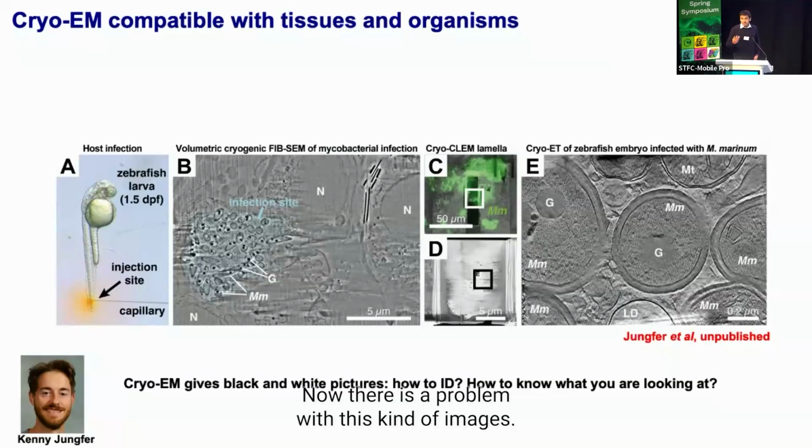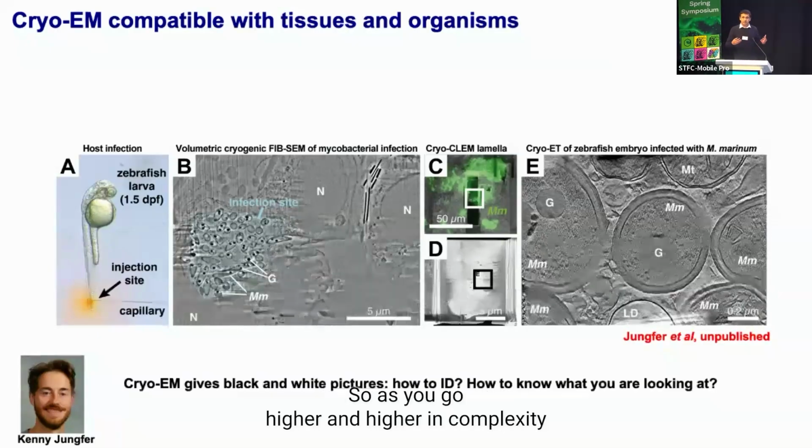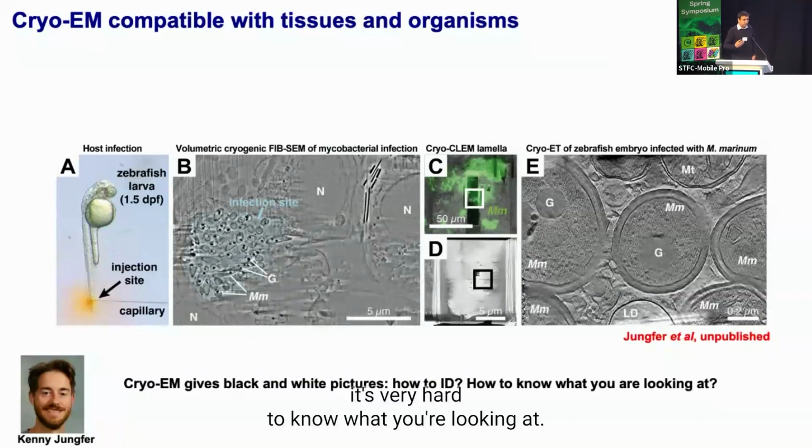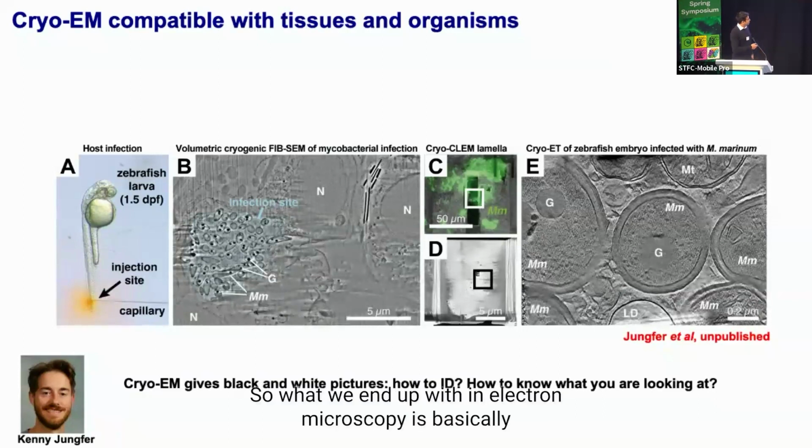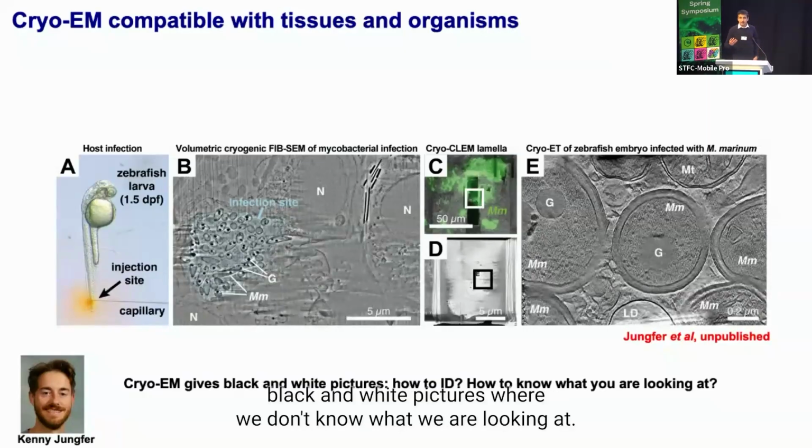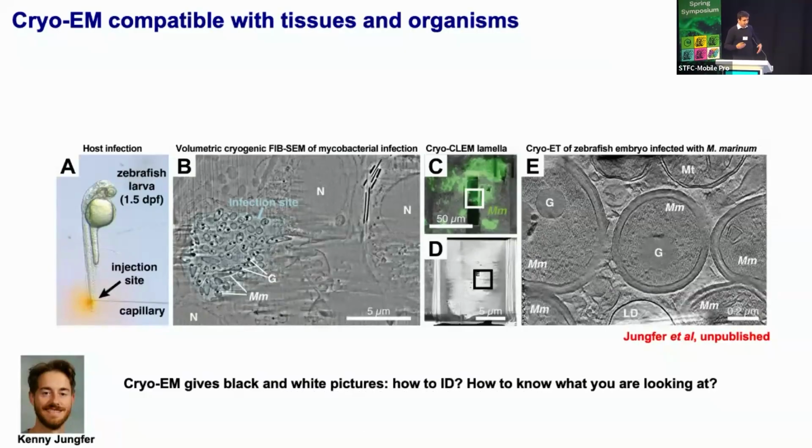Now, there's a problem with this kind of images. As you go higher and higher in complexity, it's very hard to know what you're looking at. What we end up with in electron microscopy is basically black and white pictures where we don't know what we are looking at, and this is a very difficult problem to solve. How do you know what you're looking at?